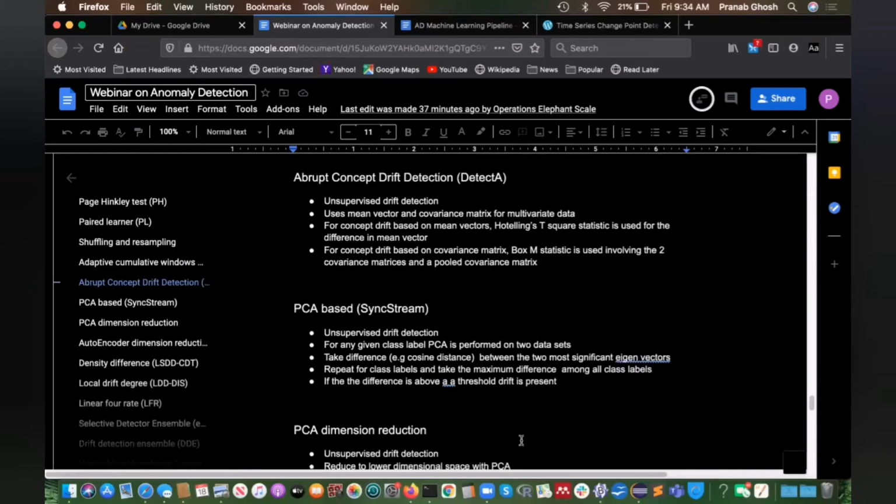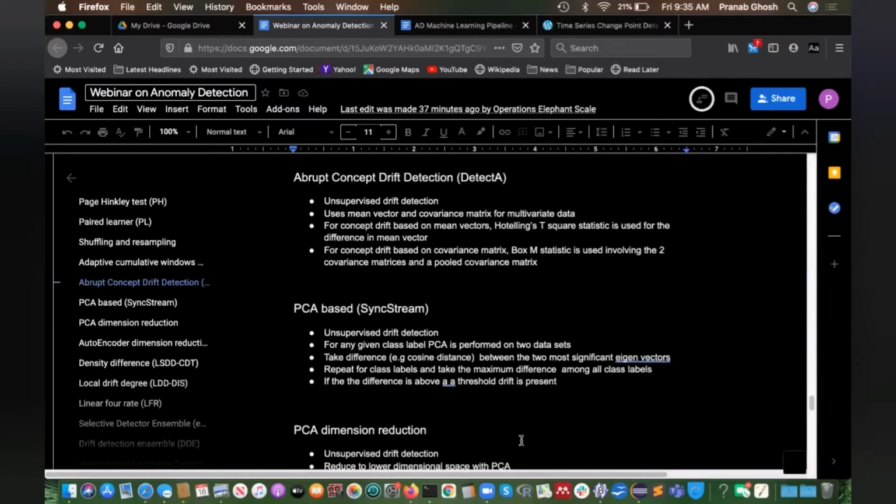Abrupt concept drift detection. This has two parts to the solution. First of all, it takes the mean vector and the covariance matrix for the two data sets.